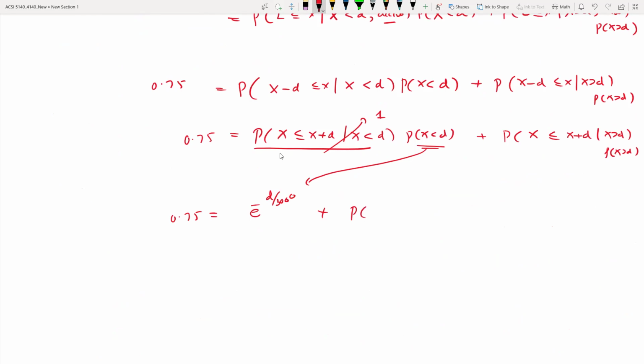Then I can expand this one. It's going to be probability X in between d and x plus d. This is random variable, this is little x. Divide by probability X more than d, times probability X more than d. So I have 0.75.